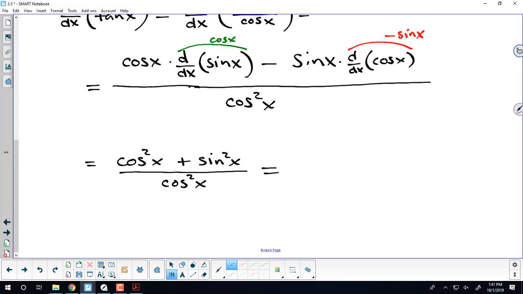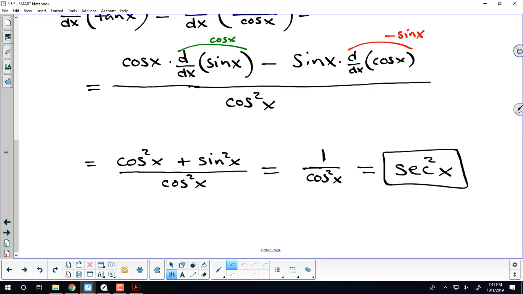What's cosine squared plus sine squared? 1. So you have 1 over cosine squared. And we know 1 over cosine, the reciprocal, is secant. So we have secant squared. Derivative of tangent is secant squared.